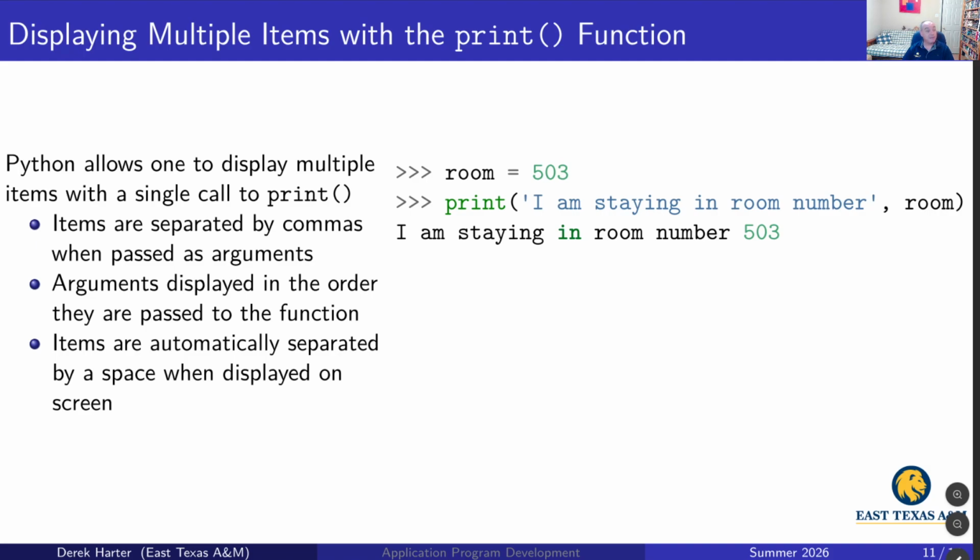Okay, so one thing about functions, like the print function, is they can often take more than one argument, okay? So the print function is no exception to that. You can actually pass in multiple arguments to the print function. And as we show in the example code on the slide here, you can give literals, or you can pass in variables as the arguments to the print function.